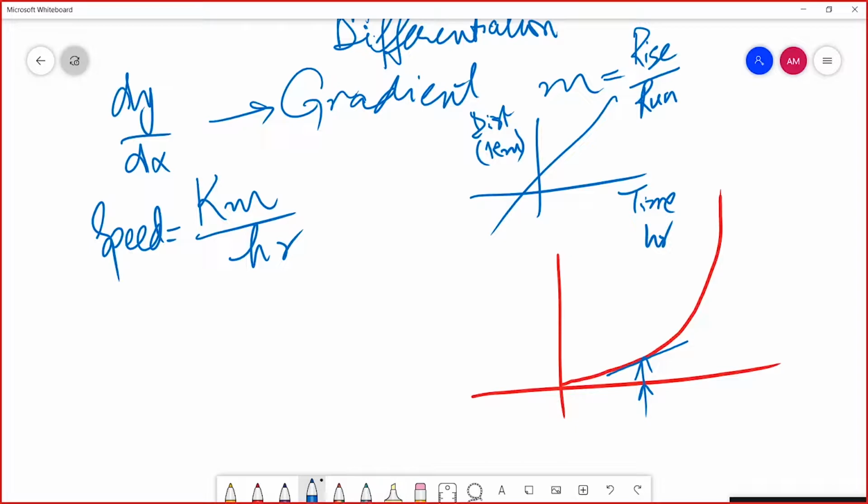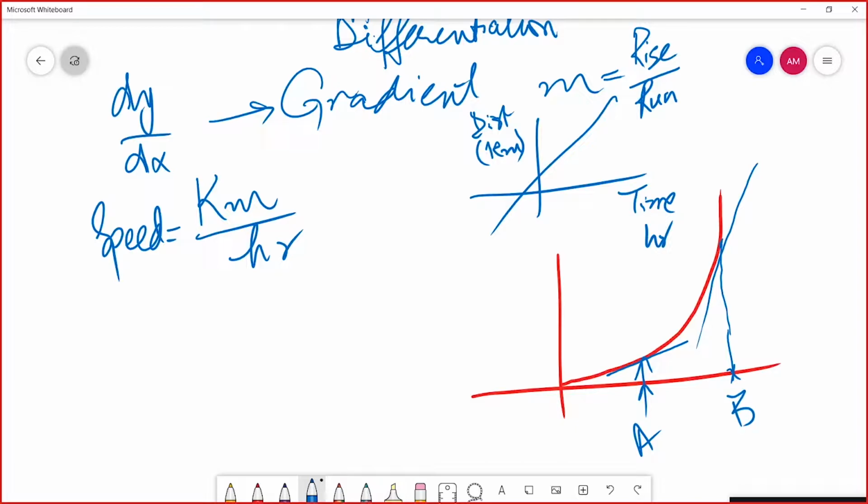And then there is another point here, and I again draw a line here. So where do you think the rate of change is higher, at point A or at point B? Point B. Yeah, very nice.